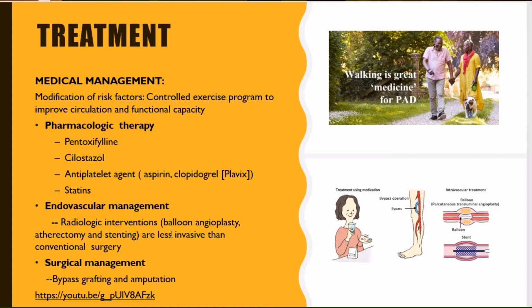You can see most of the time the patients are good with medication management. Their PAD is treated, but sometimes they may need radiological interventions such as balloon angioplasty or stent placement. Basically, percutaneous transluminal angioplasty. A catheter is inserted through a vessel, and it has a deflated balloon, and once it comes to the blocked area, the balloon will inflate.